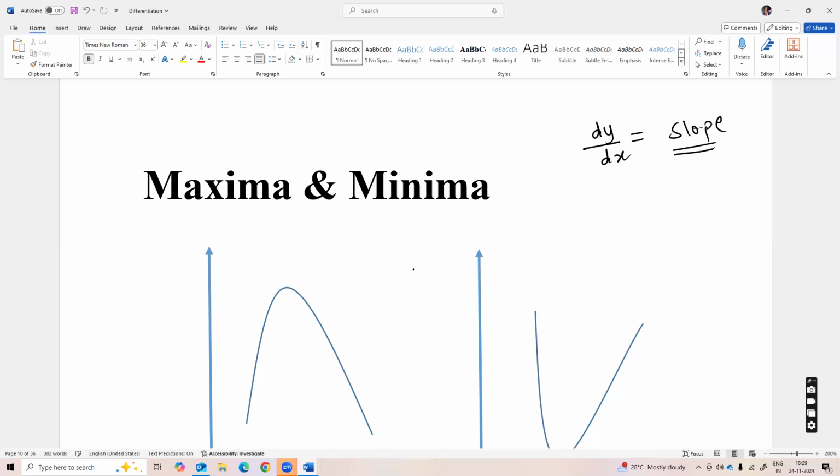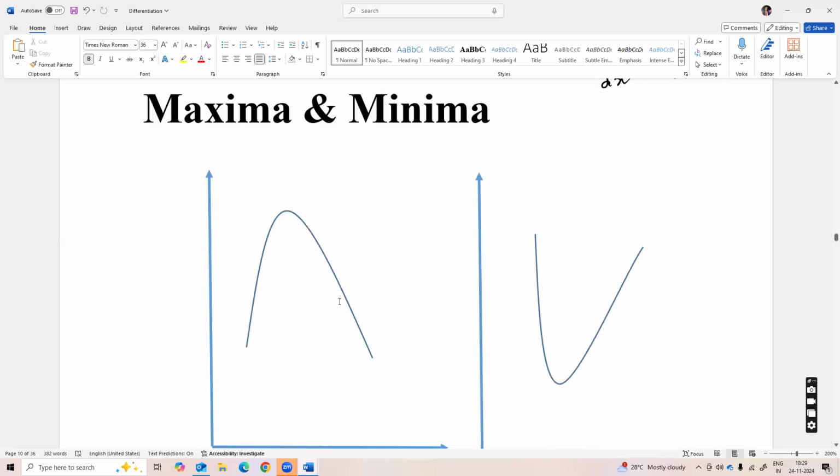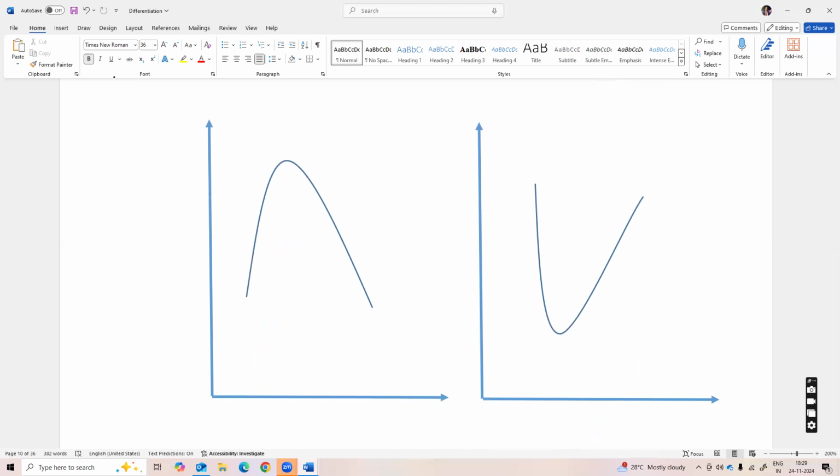From this graph, let's say we have a graph y versus x. We have two graphs. You can clearly see that this point is showing the maxima for this function. Let's say this is some function y, it can be anything. Here also it is function y. So this point is basically showing the maxima of this function.